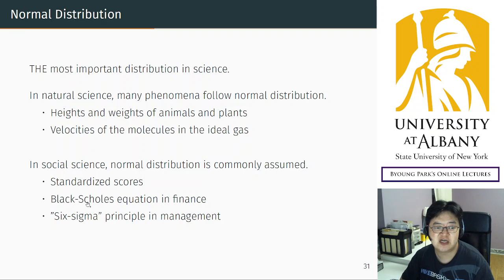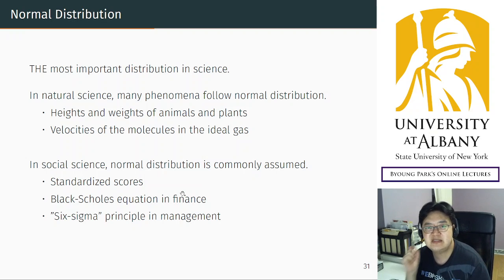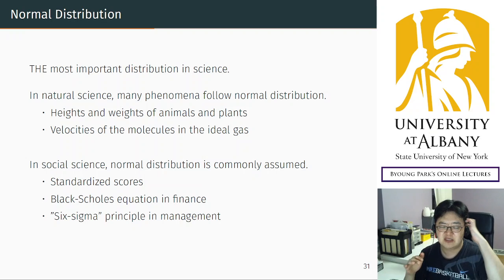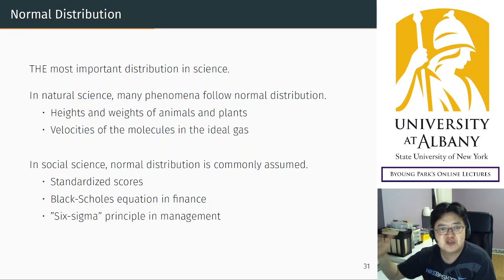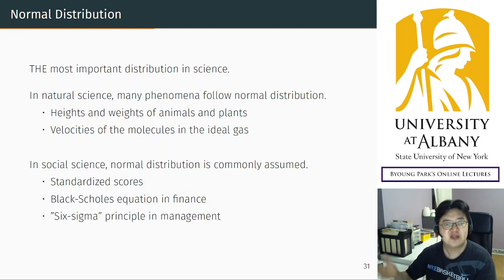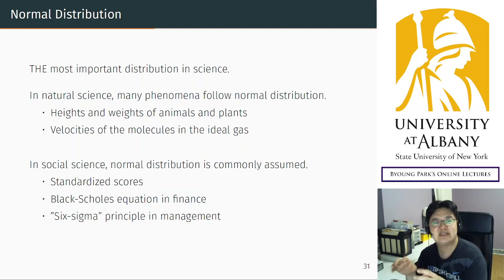These two guys are economists who won Nobel Prizes decades ago. This equation calculates the appropriate price for financial option products. They assume that the price distribution in the future is normal. Then under that normal distribution assumption, you can calculate how much the financial asset is worth. They got the Nobel Prize thanks to this equation.